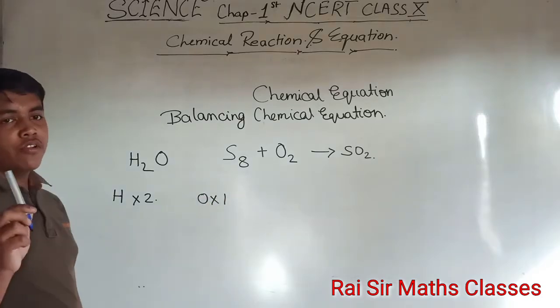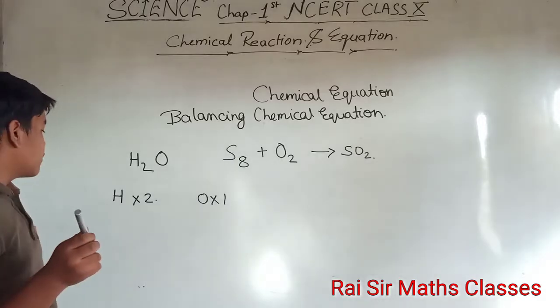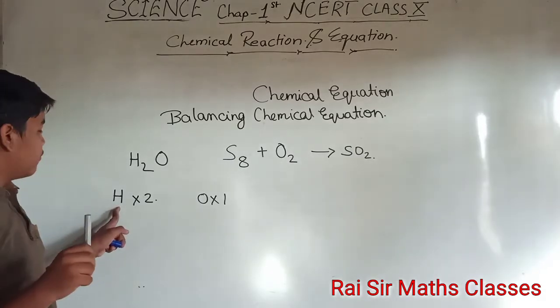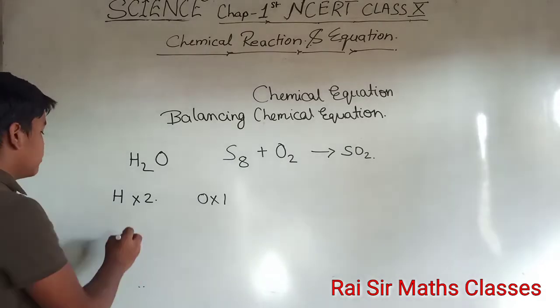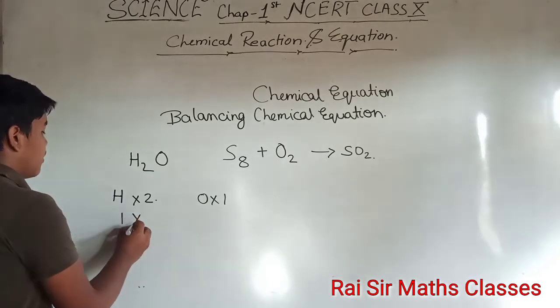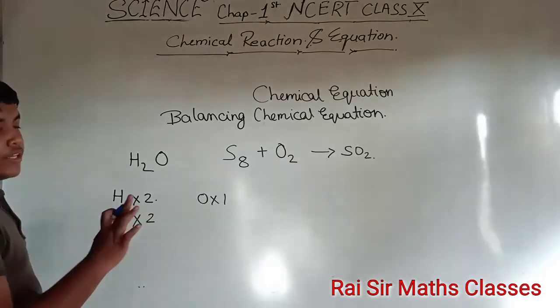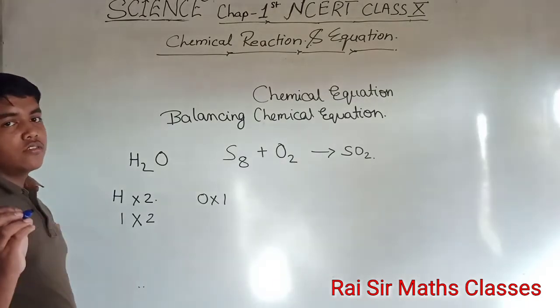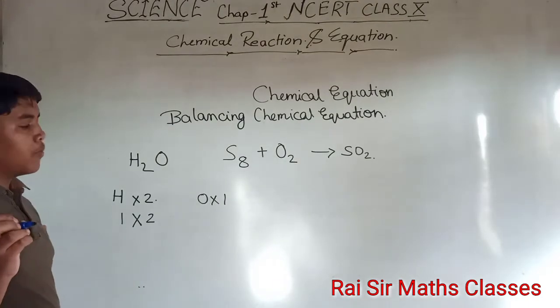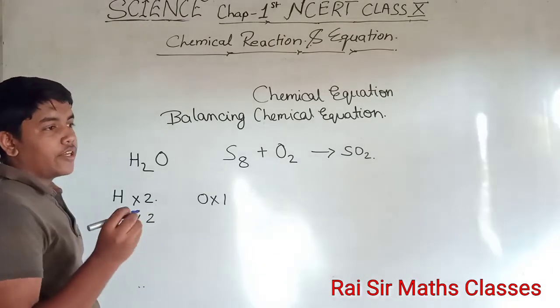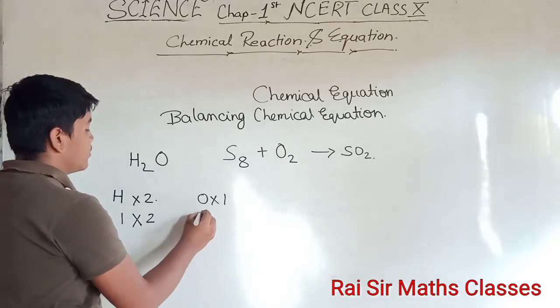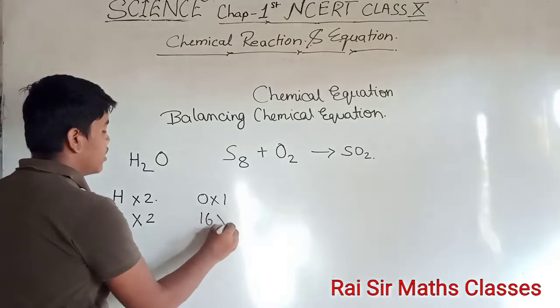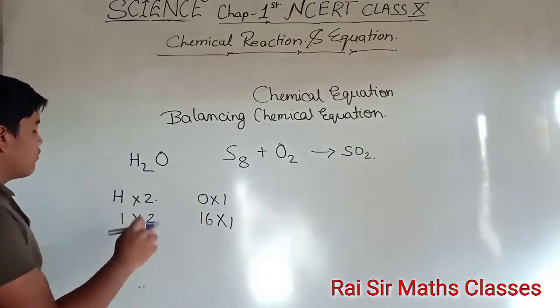Now we have to revise the periodic table. So what is the atomic weight of hydrogen? That is 1 multiplied by 2, it is having 2 parts. Now in oxygen, what is its atomic weight, or we can say atomic mass? It is 16. 16 into 1, because it is containing one atom.